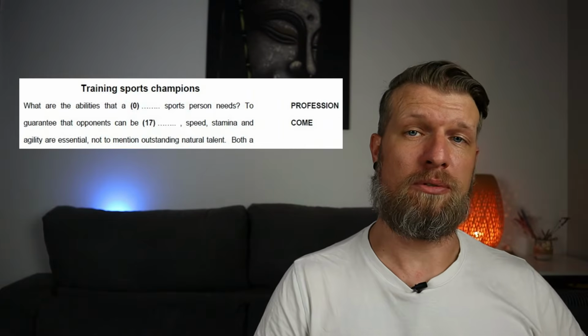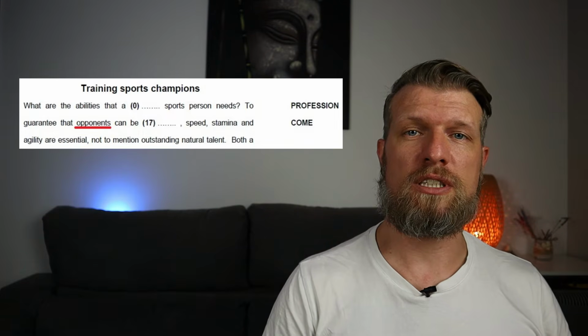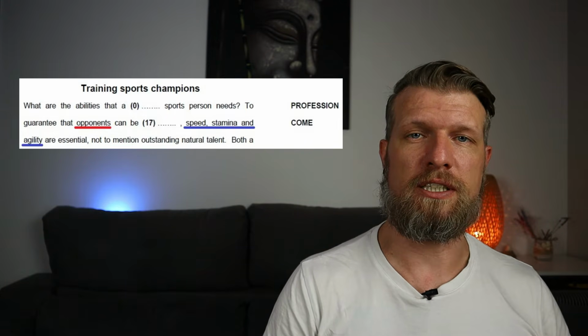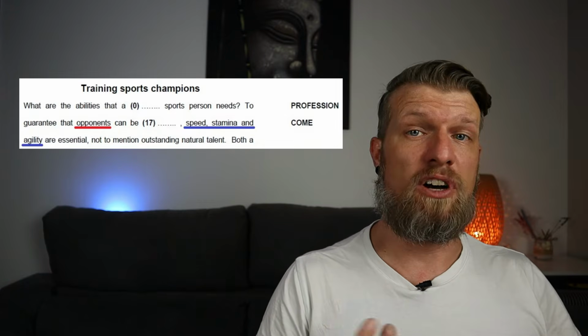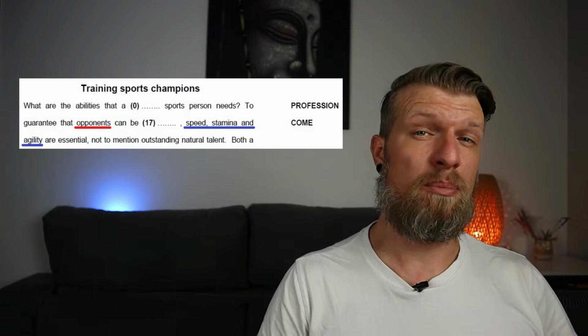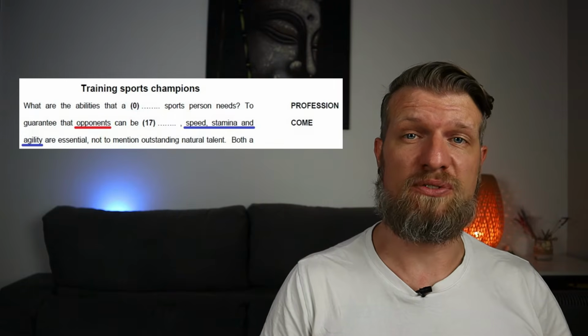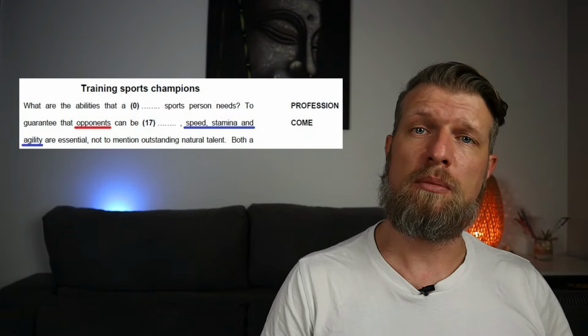Let's look at an example. The sentence with gap 17 talks about opponents and different physical abilities. These abilities are necessary to beat your opponent, and a verb with come that has the same meaning is overcome. The verb form needs to be in the passive voice because of the sentence structure and verb be before the gap.